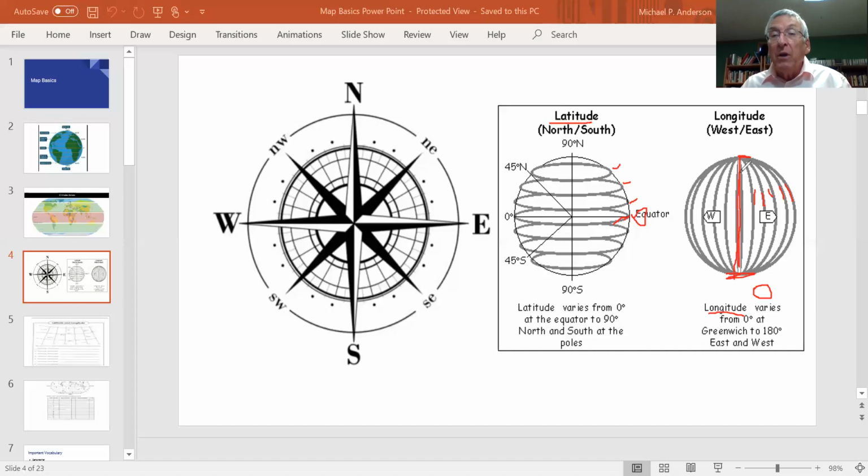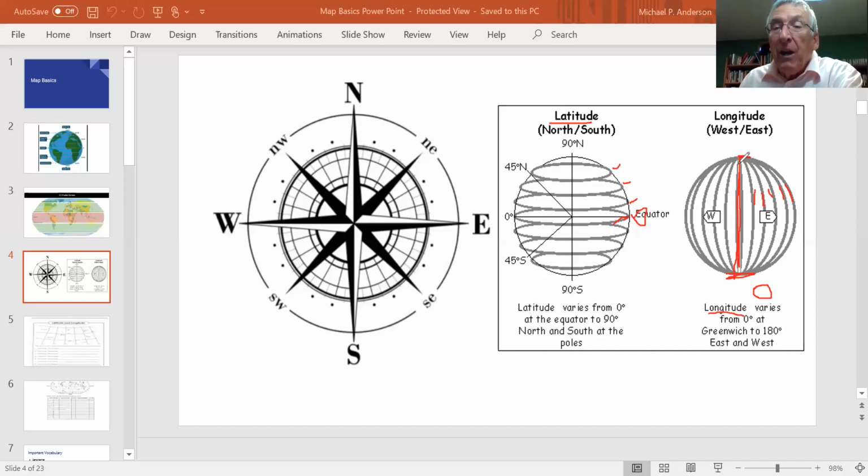This is 0. On the other side of the planet is 180 degrees. This is known as the international date line. Whenever you cross the date line, you either lose a day or you pick up a day, and we'll talk about that some other time.